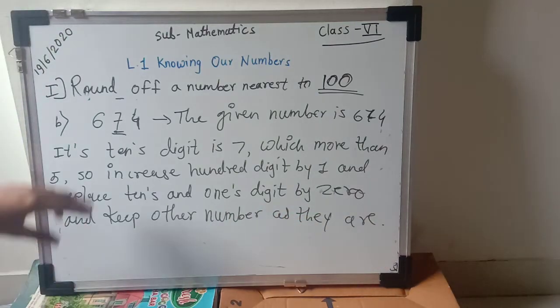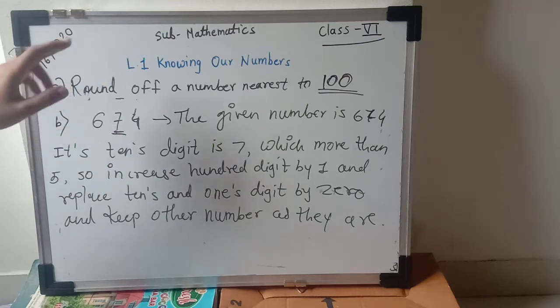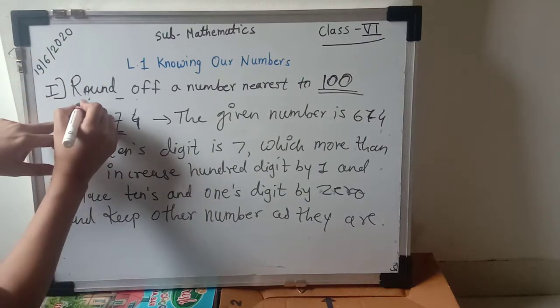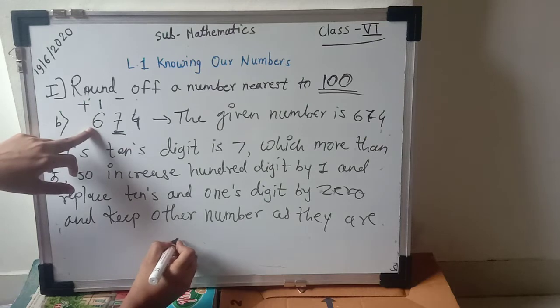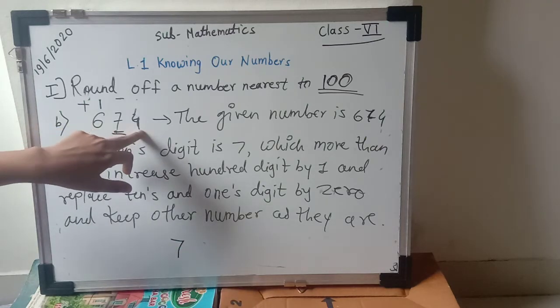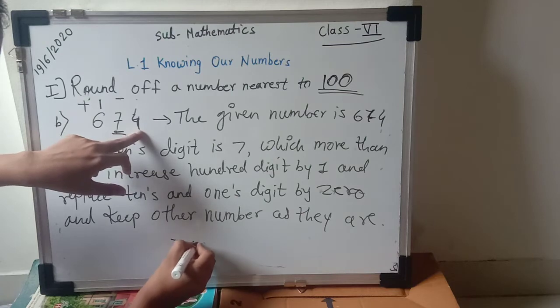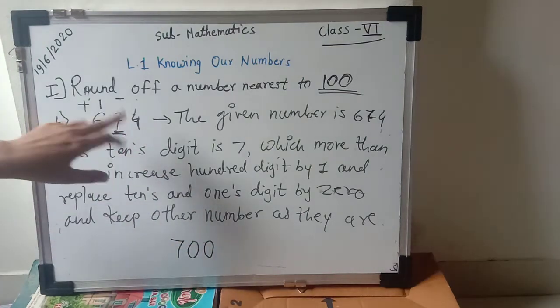Now let's round this number. 7 is on the tens place, which is more than 5. So increase the hundreds digit by 1. So 1 plus 6 is equal to 7, and replace the tens and ones digit by 0. This 0 is replacing the tens digit, and the second 0 is replacing the ones digit.